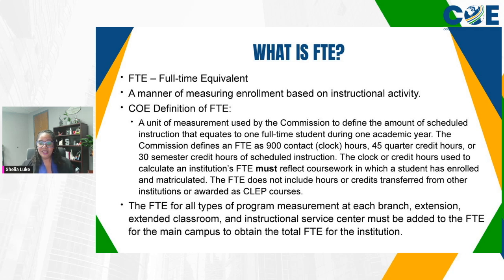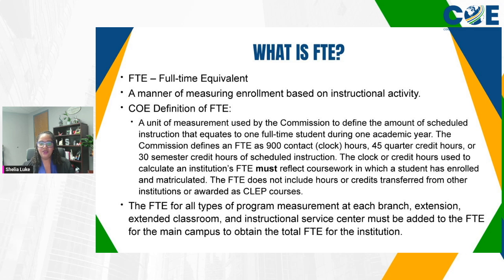Then there may be differences in how programs are measured from school to school or program to program. Some of them may be measured in student contact hours or clock hours, some in semester hours, or some even in quarter hours.